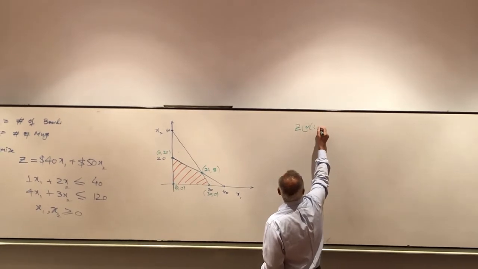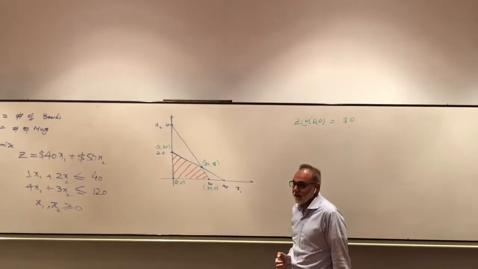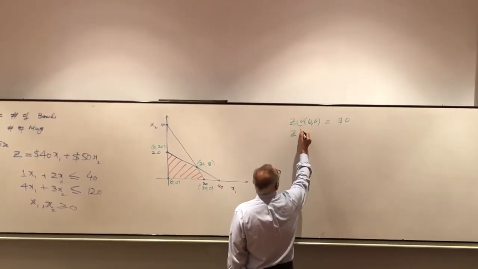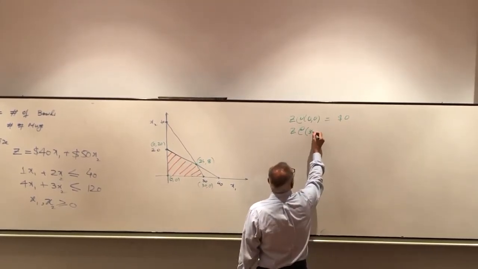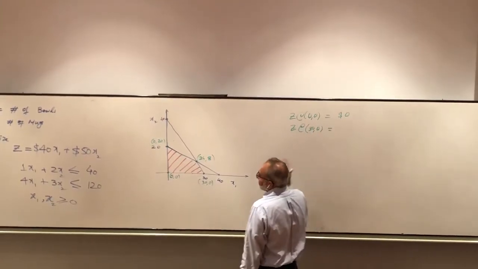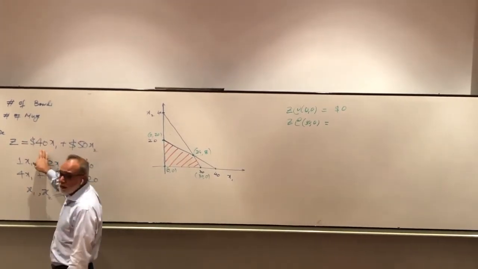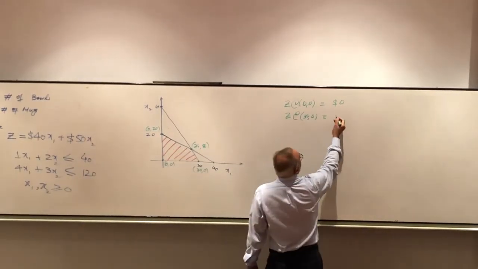Z at 0, 0 is, of course, 0. Not difficult to find. Z at 30, 0. Just put it in here, x2 is 0 and x1 is 30. 30 multiplied by 40 is 1200.